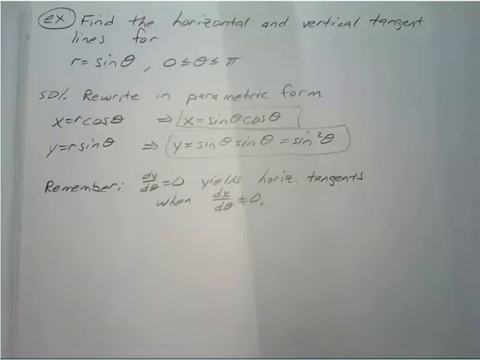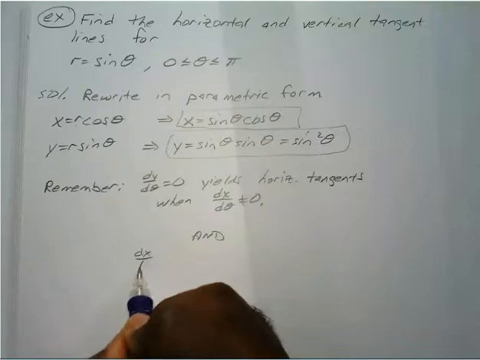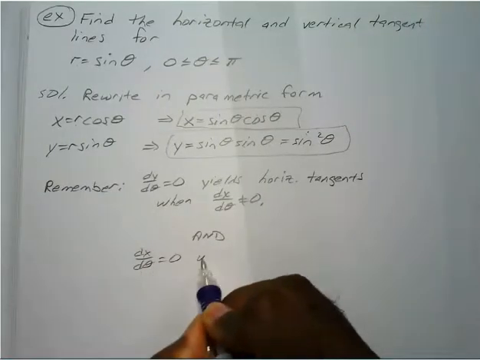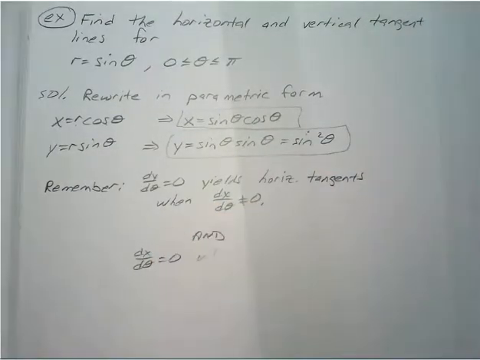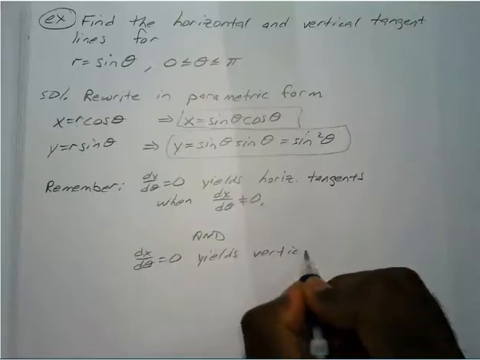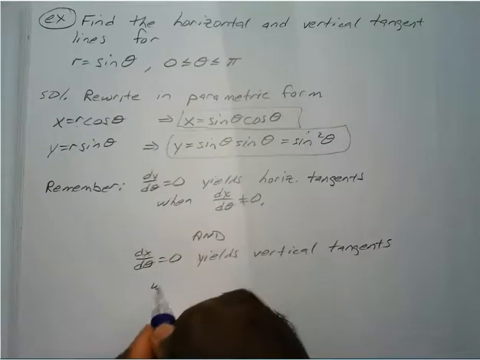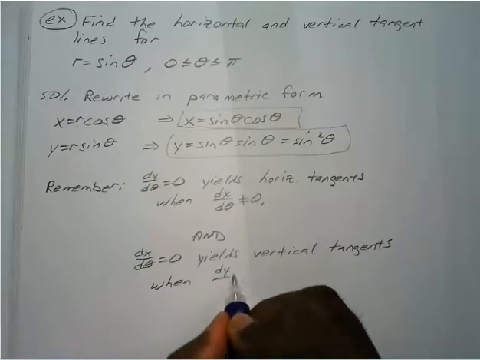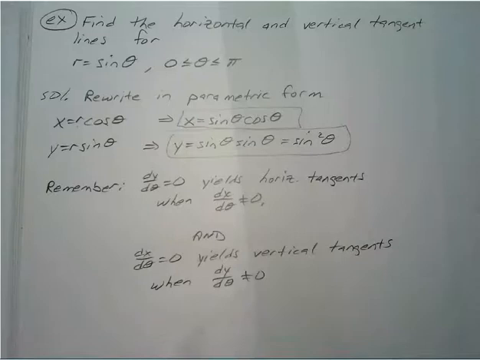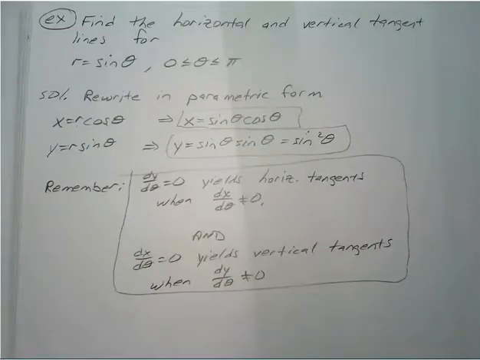And your vertical tangent, dx/dθ equals 0, yields vertical tangents when dy/dθ does not equal 0. Okay, so you want to remember those when you're looking for your horizontal and vertical tangents.